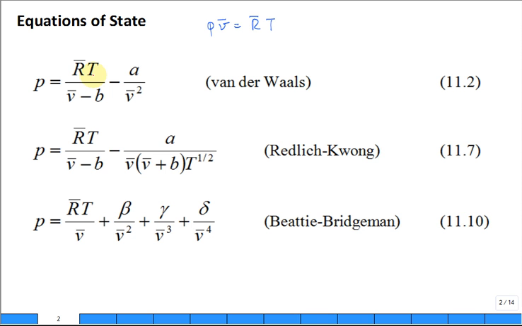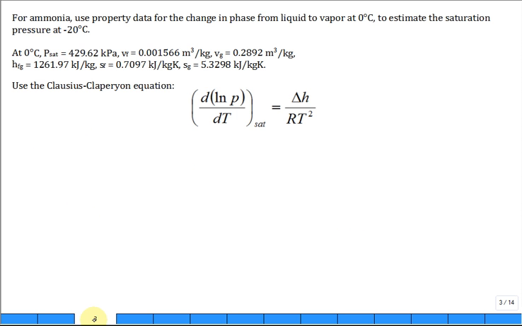But it relates the property temperature with the property pressure, with the property specific volume. See? So it's just a relationship between properties. These are examples of them. These are equations of state where it's a PVT relationship.